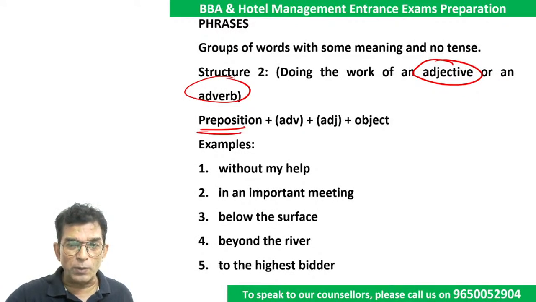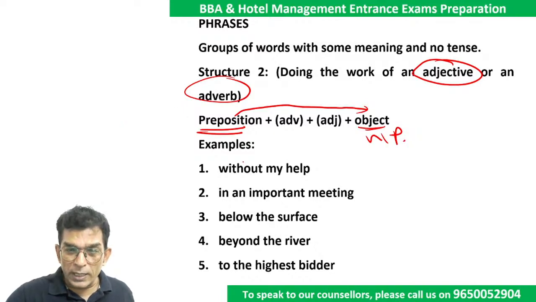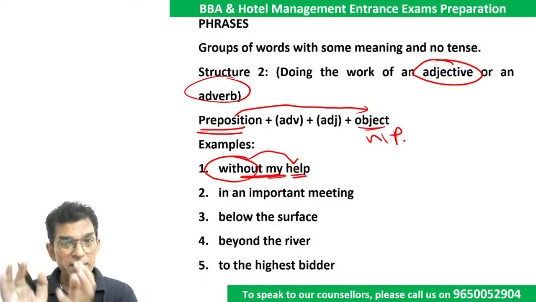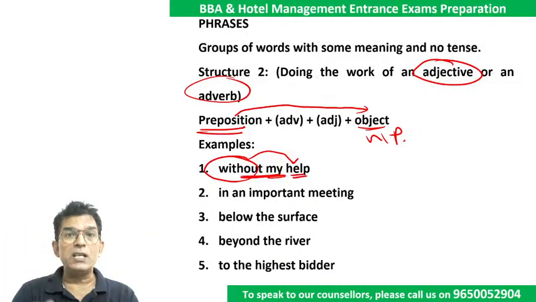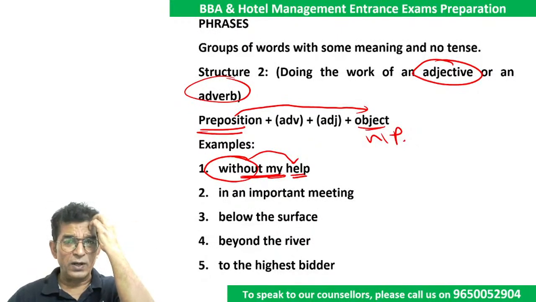As soon as you come to a preposition, run and find the object, that is the noun or the pronoun, where it must end. Okay, as soon as you see a preposition, run, find the object. We have found the object. And before that, you see an adjective. Therefore, this is called a prepositional phrase. And whenever I write this in a sentence, the entire sequence will do the work of an adjective or an adverb. These three words together will do the work of an adjective or an adverb.